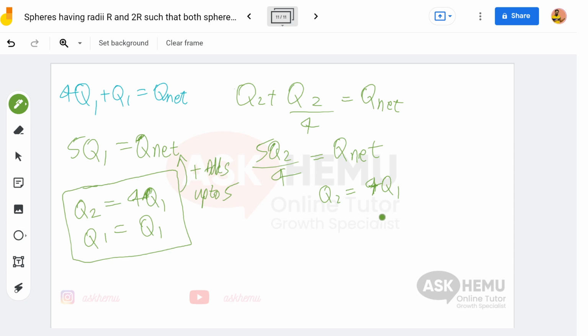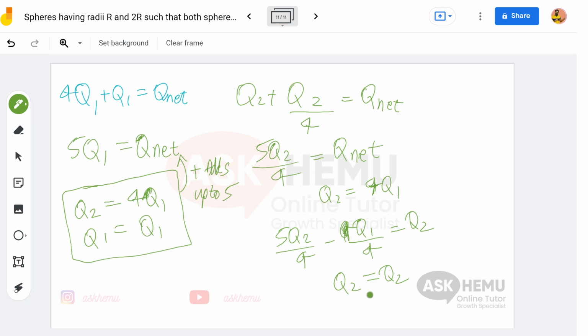Very easy, just subtract the values. 5q2 by 4 minus 4q1, so minus q1 by 4 will give me the answer that I seek, which is equal to q2. This will simplify, and q2 is equal to q2, which means again it is correct.